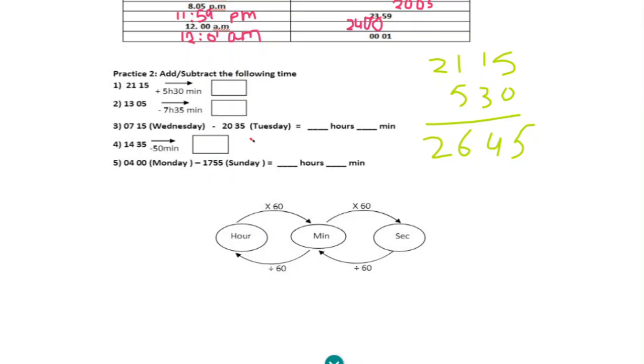How much into the next day? 2 hours 45 minutes. So just write 0245. Don't write 2 hours 45 minutes. So 0245, since we have to give our answer in 24 hour clock as well, since this was in 24-hour clock. Alright.